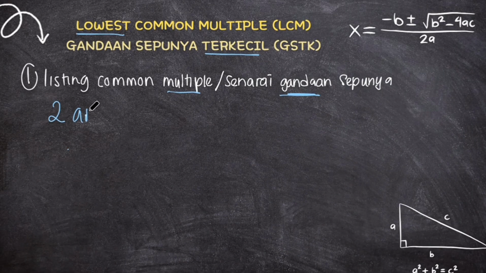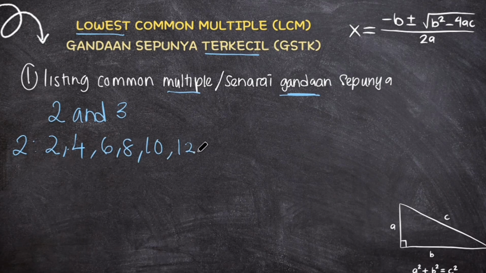Okay, for an example, the number given is 2 and 3. So we should list down the multiples of number 2, which is 2, 4, 6, 8, 10, 12, and so on. For number 3 is 3, 6, 9, 12, 15, and so on.